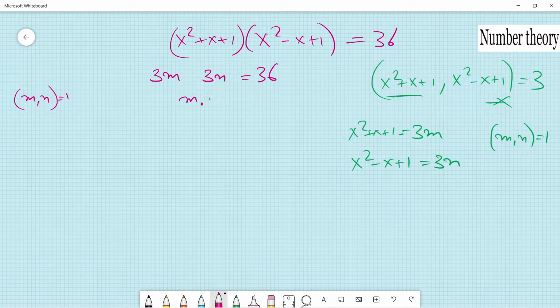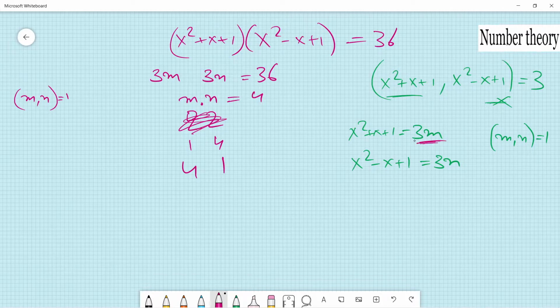This then becomes m times n equals 4. Now we know their GCD is 1, so this case cannot be there, as the GCD is 2 in this case. So the only possible cases we'll have are 1, 4 and 4, 1. And we can then put back the values of m and n here, and we can find out our values of x.